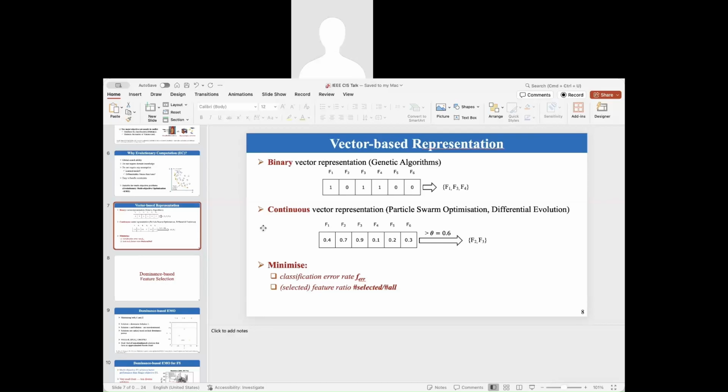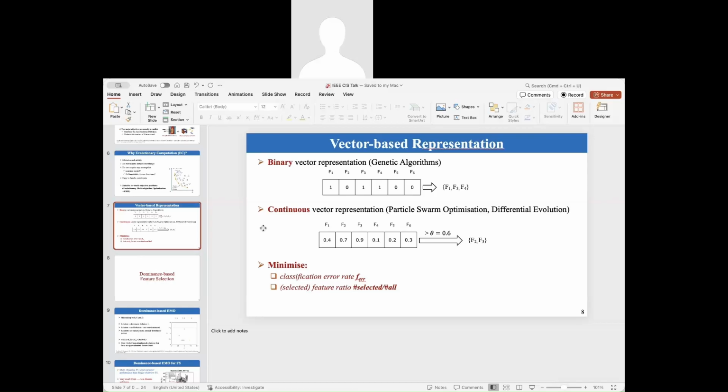But normally in feature selection, we don't know that in advance. Sometimes a feature can provide some information, not too much, so the score is not high but also not low. So in order to do that automatically, we use EC-based feature selection. During the search, we evaluate the feature subsets, and based on the evaluation we see which feature combination is good and which is bad.